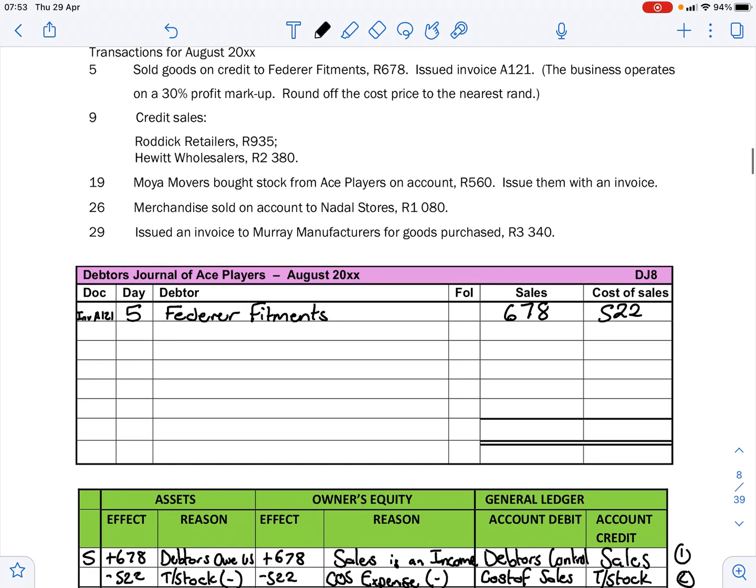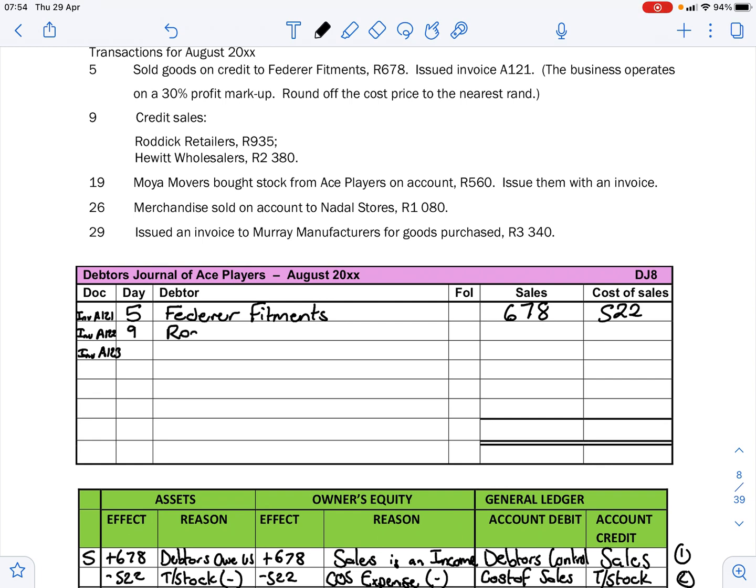Right, if we look at the next transaction, on the 9th, we sold 2 different times. One to Roddick retailers and one to Hewitt wholesalers. So the invoice would be A122 and invoice A123.